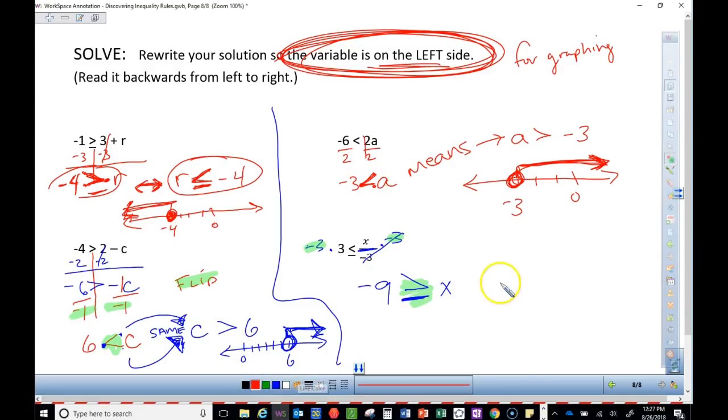Now, making sure that we rewrite it with the variable on the left, x and -9. Big end is on the -9, little end on the x, so it's saying this, and it has equal to. So when I go to graph it, 0, 1, 2, 3, 4, 5, 6, 7, 8, 9. And it's included because it has equal to, so we'll shade it in. And it's less, so it's going to go this way.